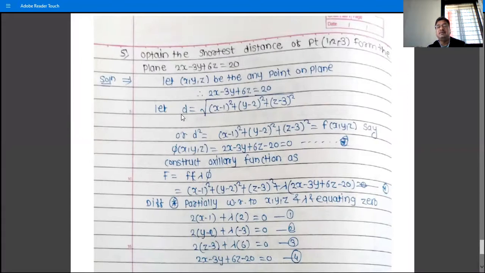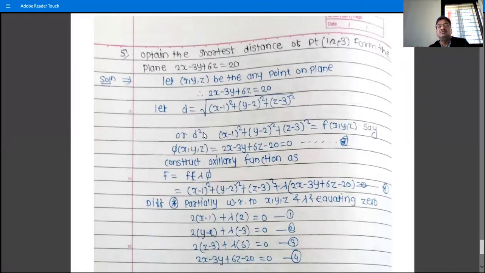Now we have to make this d the shortest, the minimum, and instead of d being shortest, we can also make d square shortest or minimum. If d square is minimum, then automatically d becomes minimum.